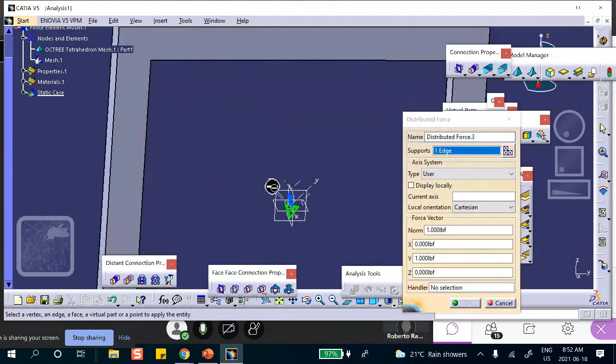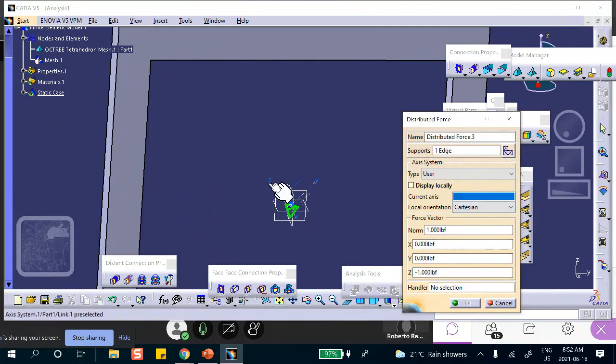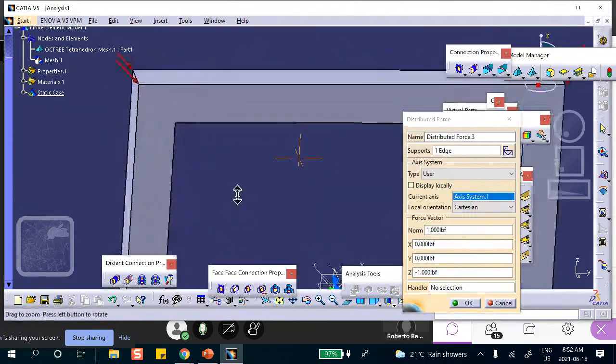Now notice that this edge is compressing it in the z direction, local z direction. So let's take this thing out. Let's put a -1 here. And it's expecting you to select the coordinate system right there. You see this? You see that? It's compressing it.